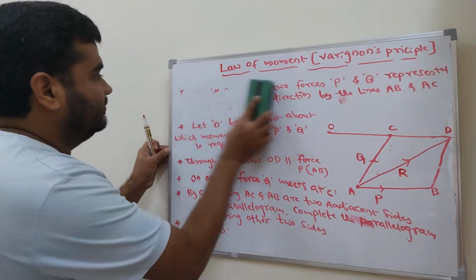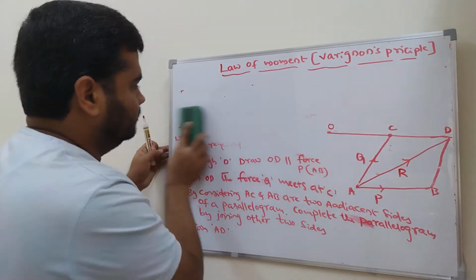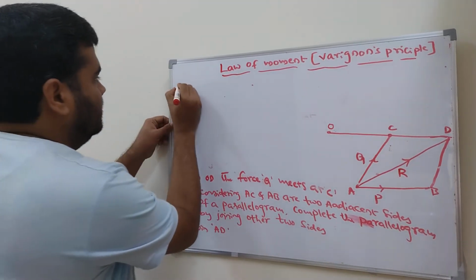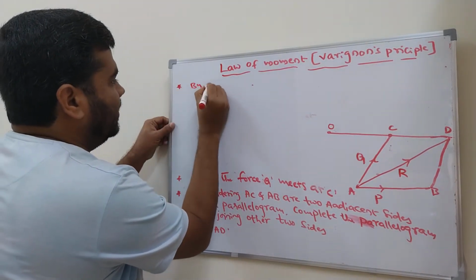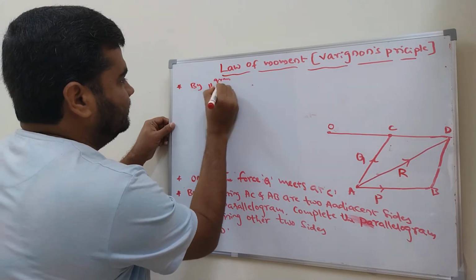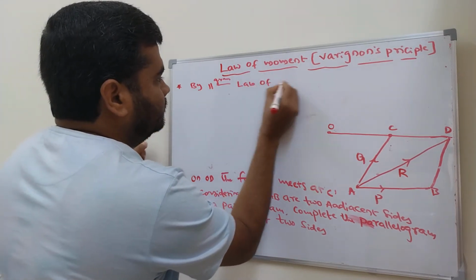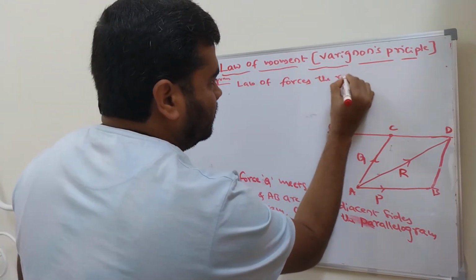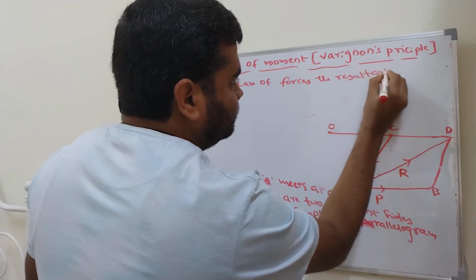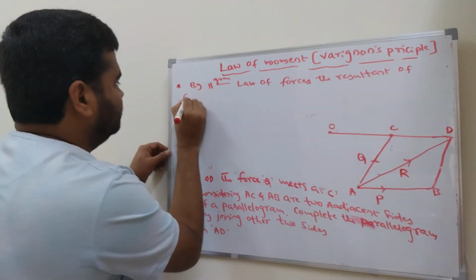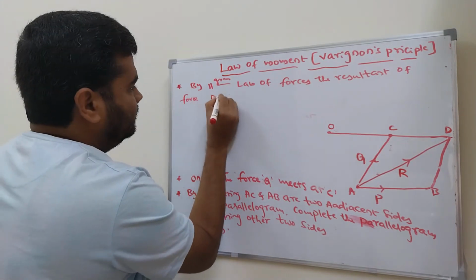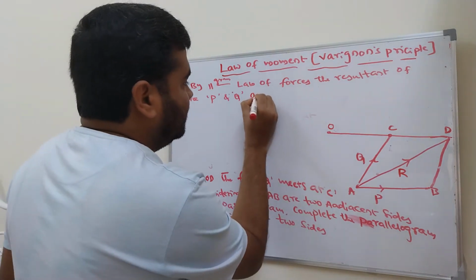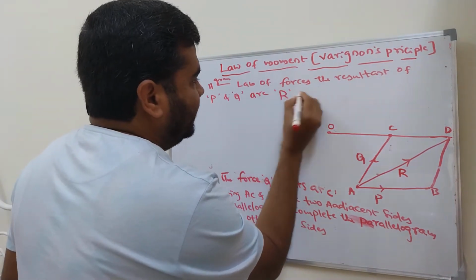Now the next point is, by the parallelogram law of forces, the resultant of forces P and Q is nothing but R. It is the diagonal.